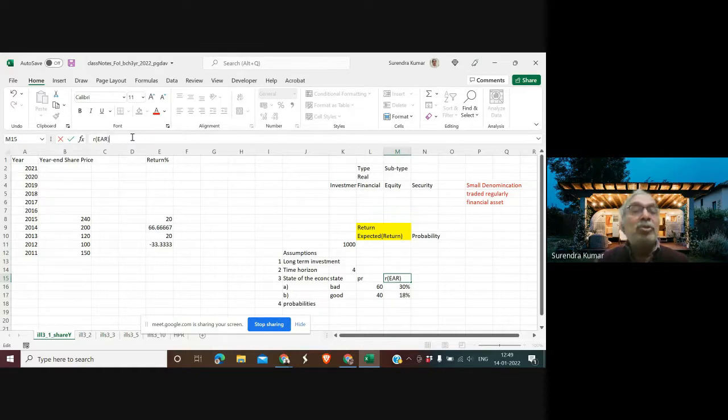Now that we have understood the idea of returns, we will be using the idea of return in the same manner. So whenever we are talking of returns, we are talking of effective annual returns.